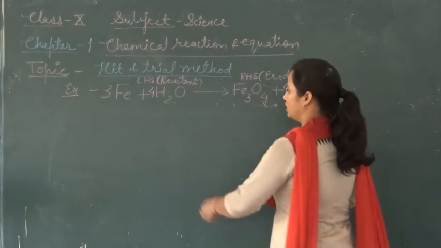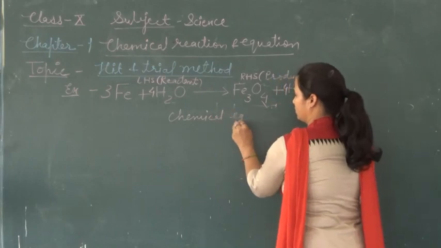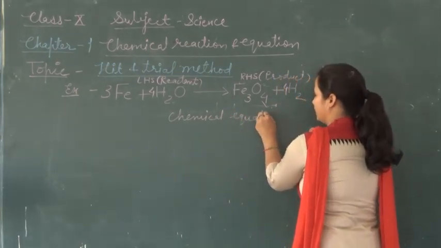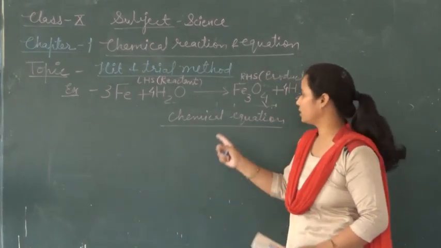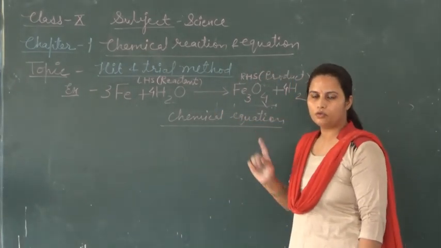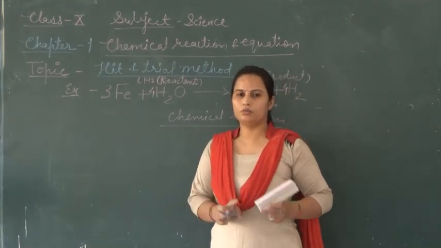It is called a chemical equation, meaning a balanced equation with chemical symbols. As I told you, in a chemical reaction the old bonds break and new bonds are formed.